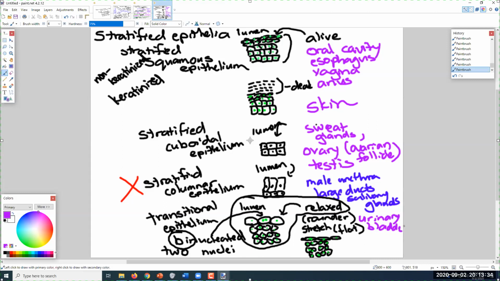Urinary bladder is one. The ureters is another. Ureters are the tubes that go down to the urinary bladder. And you could also say the urethra as well, parts of the urethra. I'll just say the proximal urethra. Proximal means closer to the body. Okay.